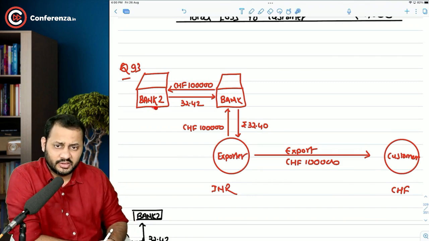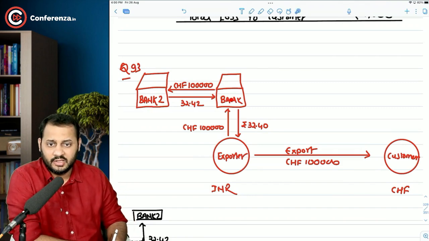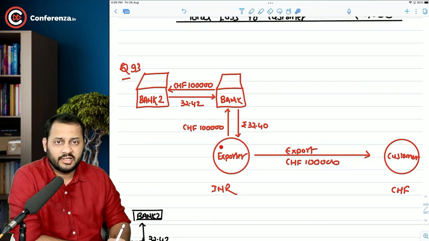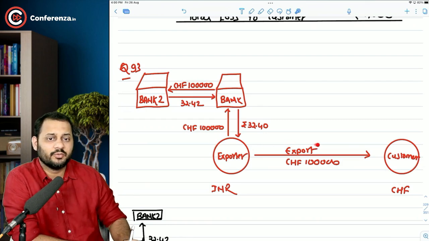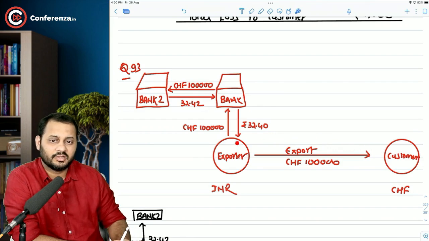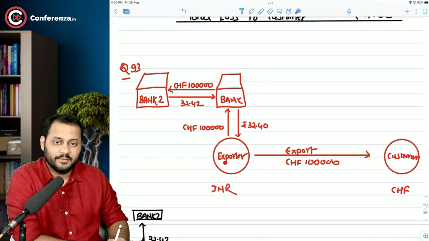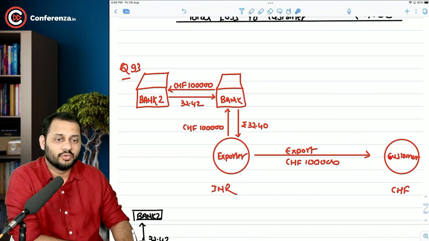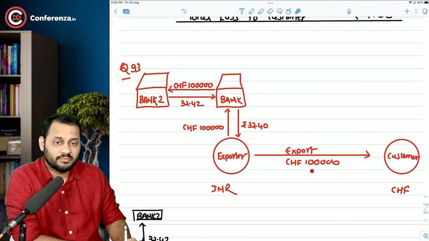This is us, this bank. Now what happened? The customer came to us. The customer might have exported goods to his customer. So the exporter might have sold the goods to the customer, and for that purpose he was about to receive 1 lakh Swiss franc after some time on 25th April from this customer.